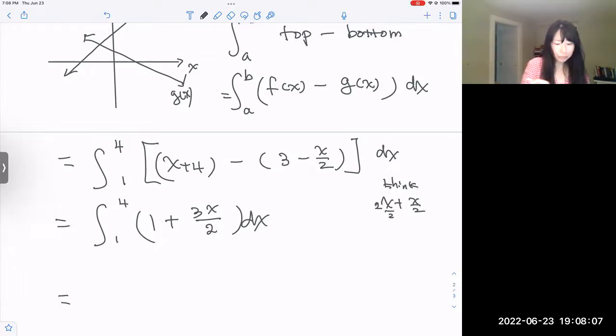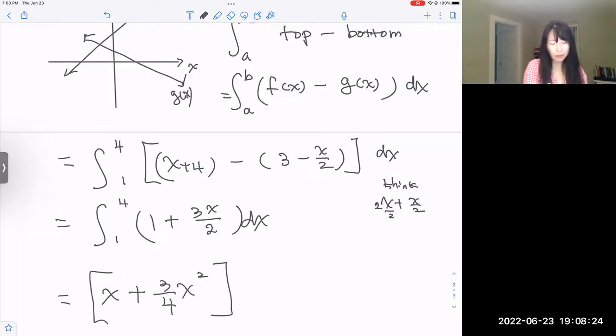Good. And we integrate 3 over 2 x, 3 over 4 x squared. x to the second power over 2, so 3 over 4. Very good.